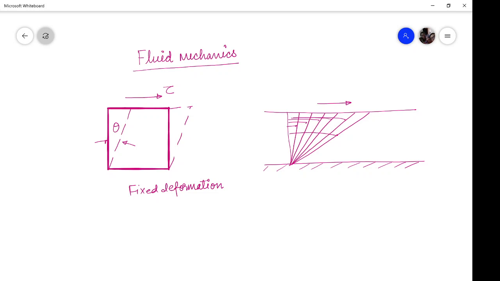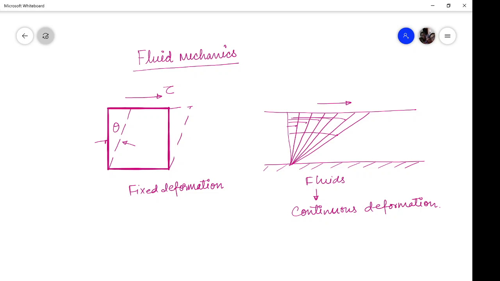That simply means that in fluids the basic criteria is continuous deformation.